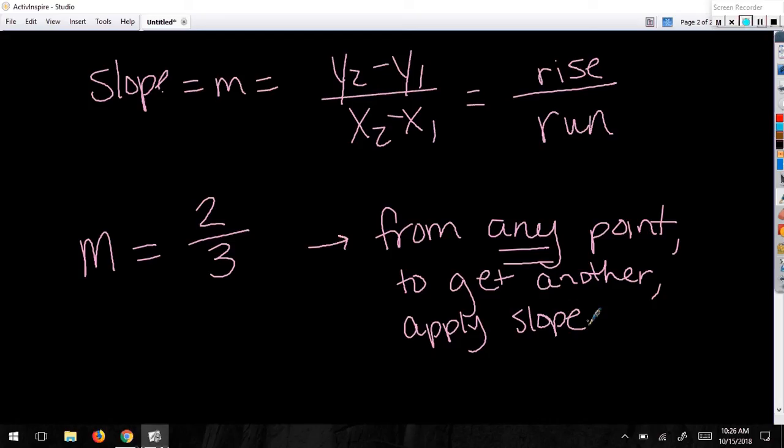Which in this case means you go up how many? 2, and right 3.